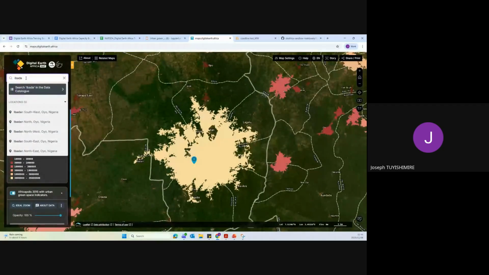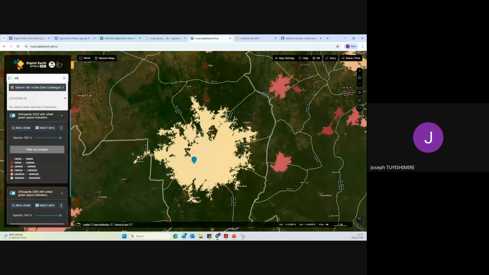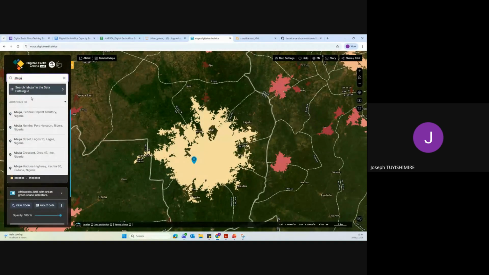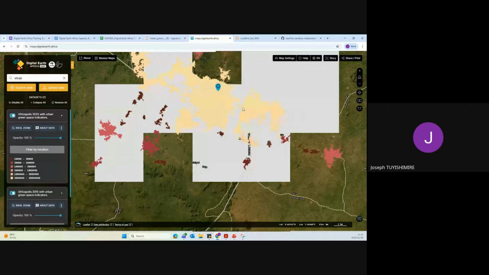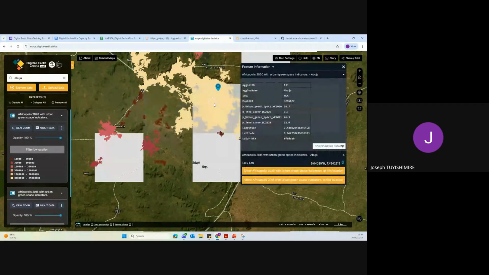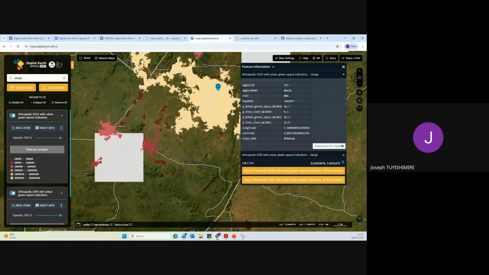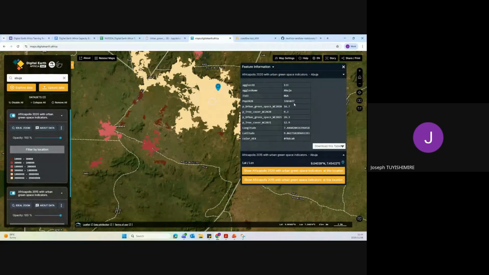This was Bida, but you can still go to Abuja, and just on a click, it can give us all the description in terms of population, urban green spaces, urban tree cover, and all the information around.